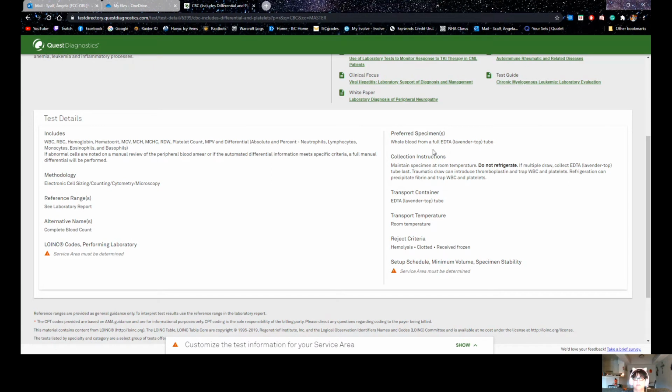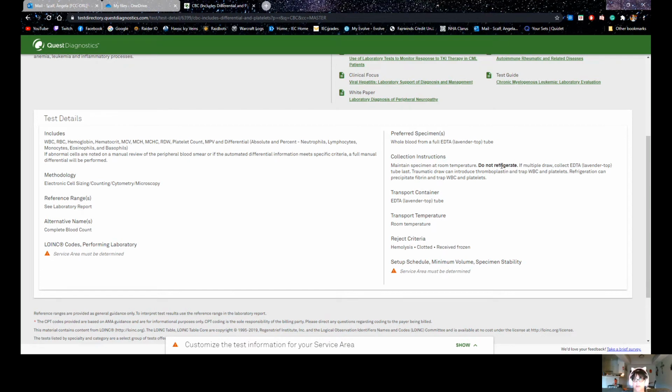And it tells us here, we need a lavender top, and it has to be completely full. And what I forgot, what additive is in our lavender? Oh, it says it right here, EDTA. And it tells you specific instructions.